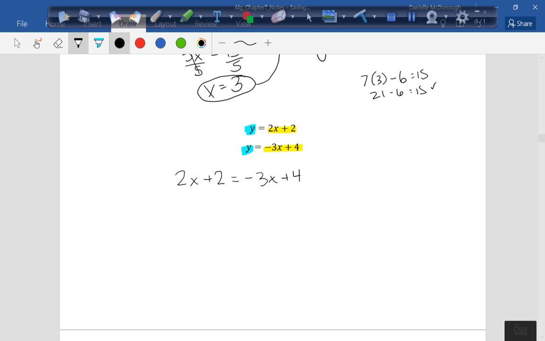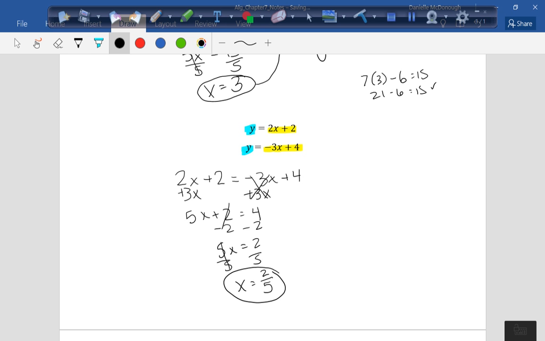From here, we're just going to solve. I could add 3x to both sides to get 5x plus 2 equals 4, minus 2, 5x equals 2, divide by 5, x is equal to 2/5.